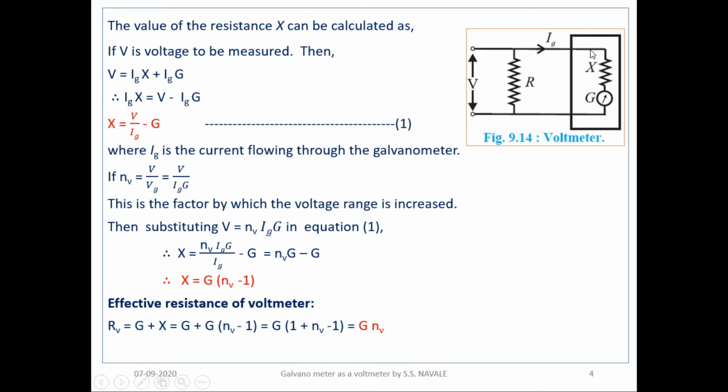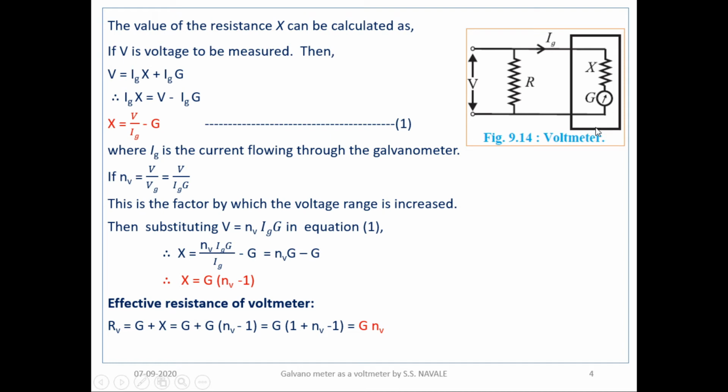Here Ig is the current passing through the galvanometer. We know that the potential difference across this resistance R is equal to the potential difference across this voltmeter.